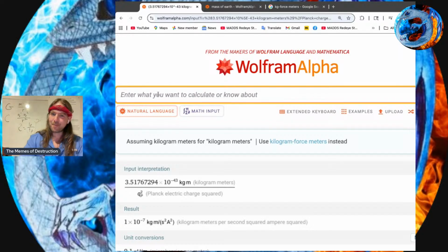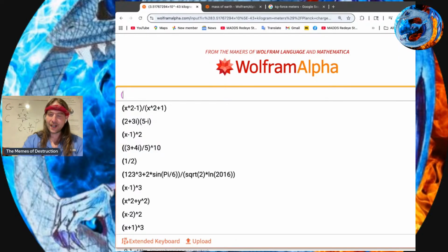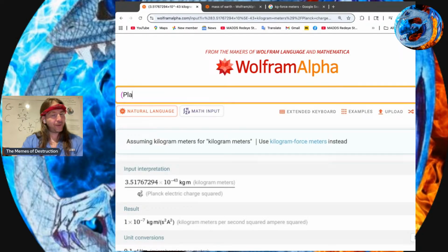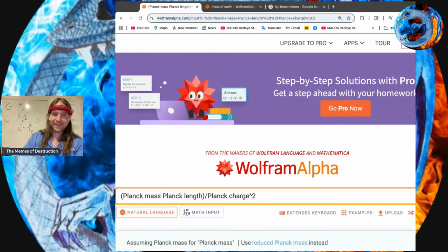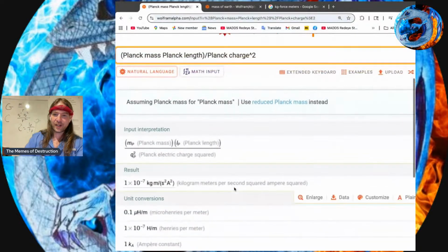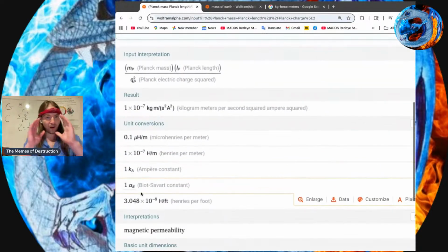Basically, what he taught me was the Planck mass, Planck length over the Planck charge squared. So this is mass distance divided by charge squared, which gives us Ampere's constant. Okay.